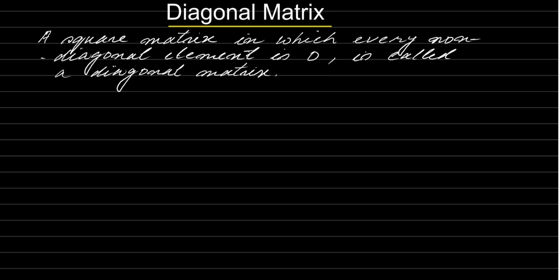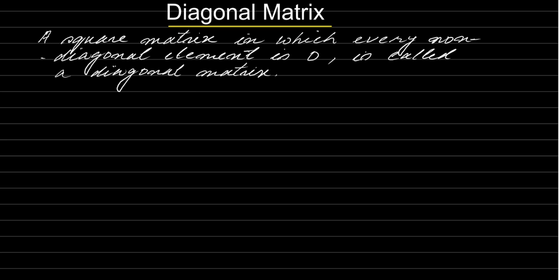Or in other words, we can say that a square matrix in which every element above and below its diagonal is 0 is called a diagonal matrix, because every element which is not lying in the diagonal of a square matrix is said to be a non-diagonal element.